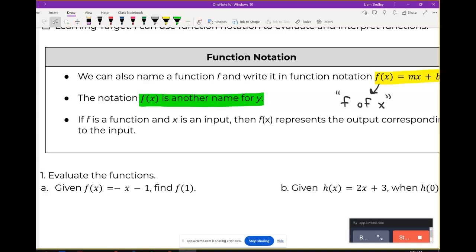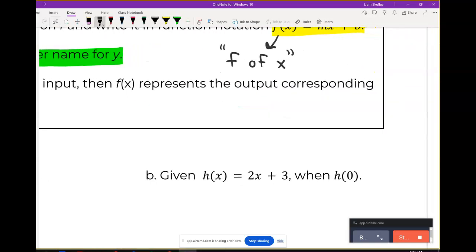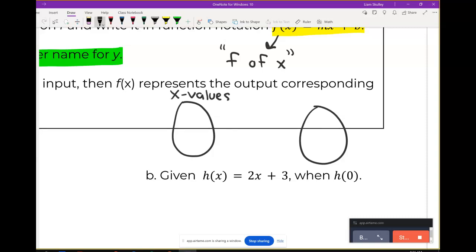We're going to draw a little picture to get this all straight. We're going to go back to the idea of our two ovals. So draw two ovals on your page. We'll label our ovals: our x values, and then our y values.